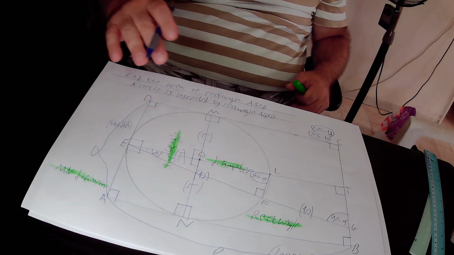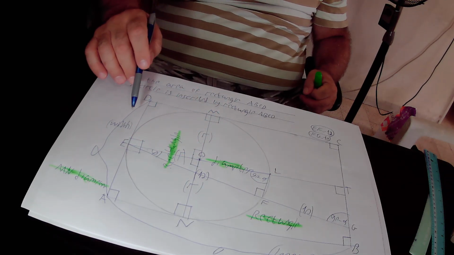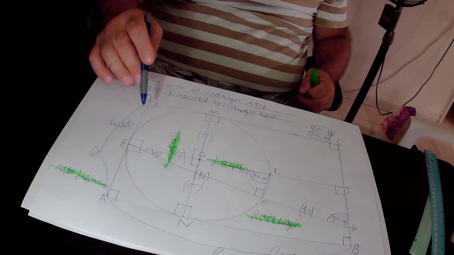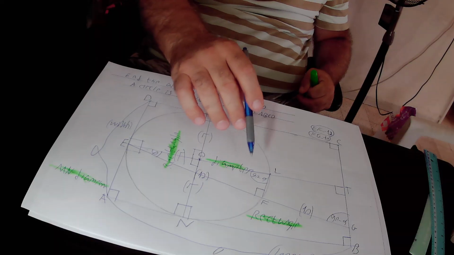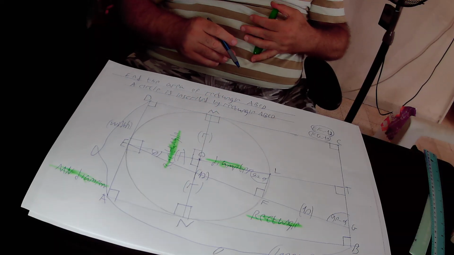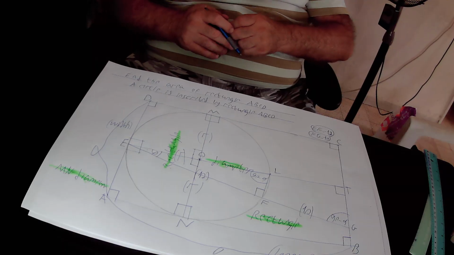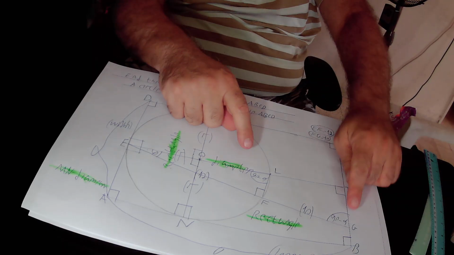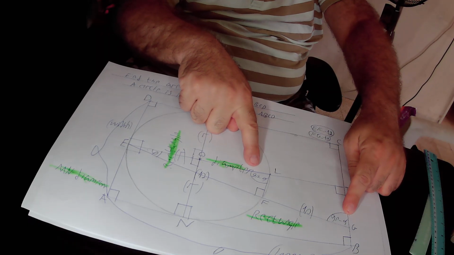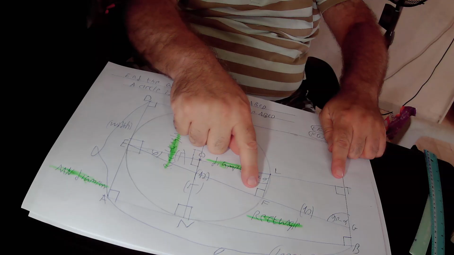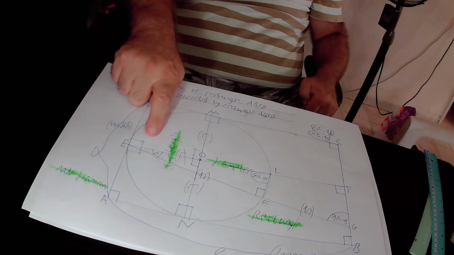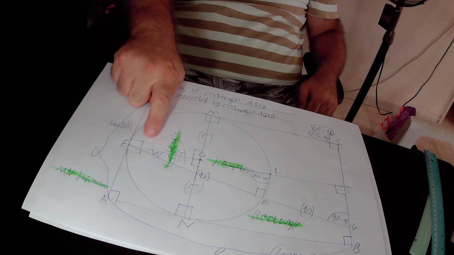It is very easy to prove that the big right triangle ETG is similar to the small right triangle ELF. So why are those two right triangles similar to each other? First of all, those two angles are both equal to 90 degrees minus alpha, therefore they are equal to each other. In addition, those two angles are both equal to 90 degrees and therefore they are equal to each other. This is angle E, it is also defined as angle alpha.